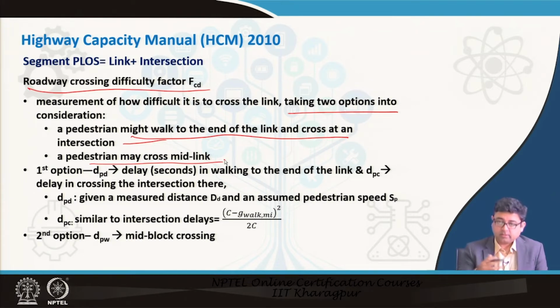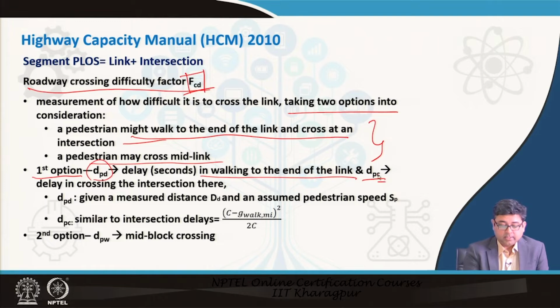You may come across either of these two situations, and for each we have to understand what this factor is going to be. If the pedestrian is walking to the end of the link and then crossing at the intersection, you calculate the delay in walking to the end of the link plus the delay in crossing the intersection.